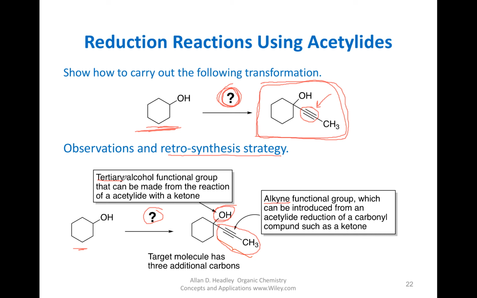Again, this is organic chemistry. It is how well you can make observations, how well you can remember the concepts. Equally important, how well you can apply the concepts that were covered. This, of course, is called a retrosynthesis strategy. So we have to develop a strategy to solve problems. That's mainly organic chemistry.